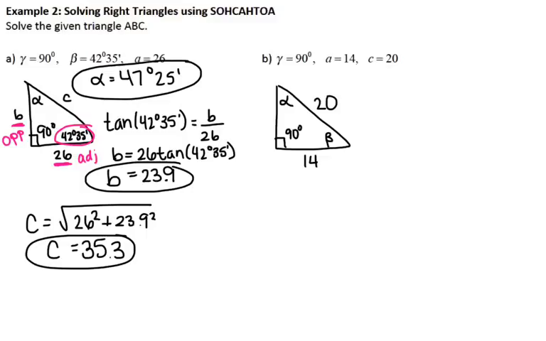So side C is 20, so I'm going to put 20 in for side C, and I'm missing side B. I can easily solve for side B by using the Pythagorean theorem. So it's the square root of 20 squared minus 14 squared. Sides again, we'll go ahead and round to the nearest tenth. That gives us 14.3.